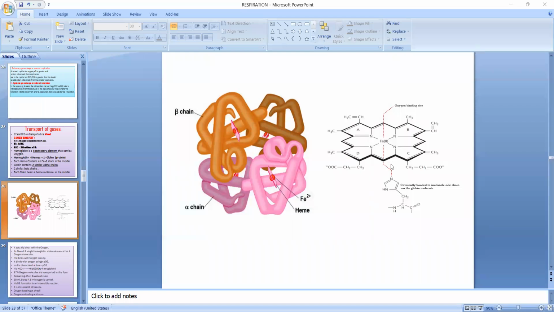This is one side. And here, in the same way, it loosely binds with this oxygen.